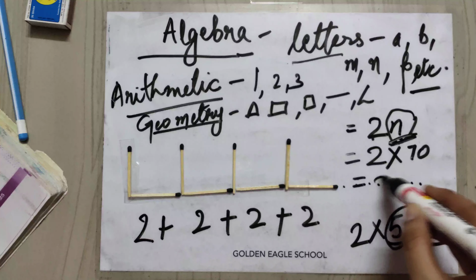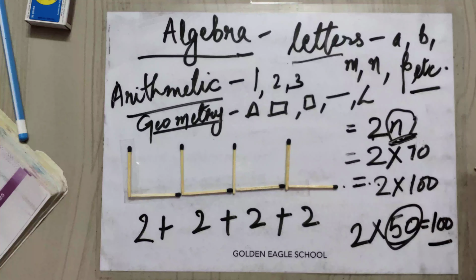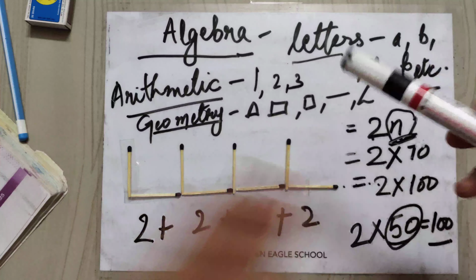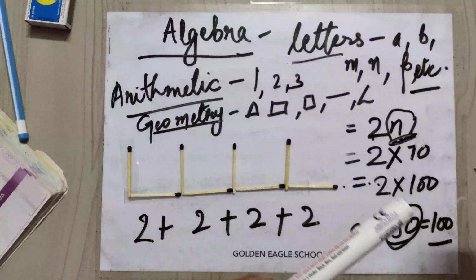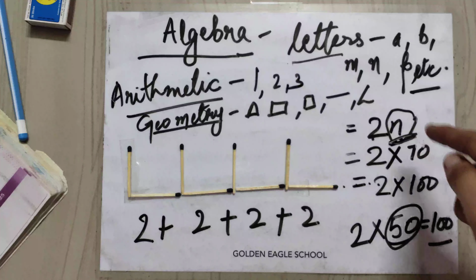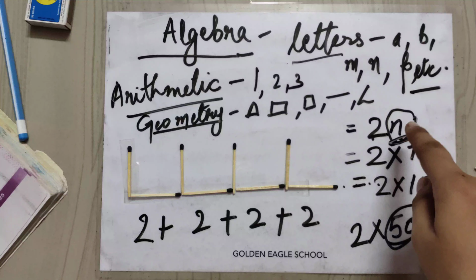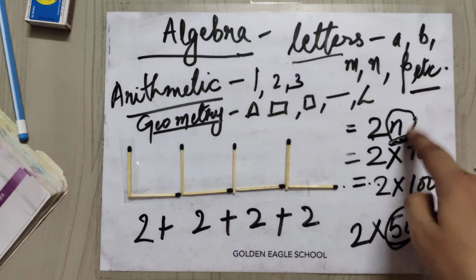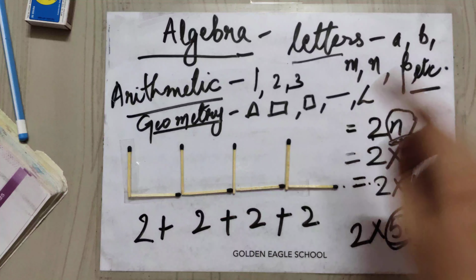We'll see what variables are. A, B, C, M, P, and whatever letters we use in algebra are all known as variables. Why they are called variables, we'll study in the next topic. Before that, n here is the variable and we place all the values we find.